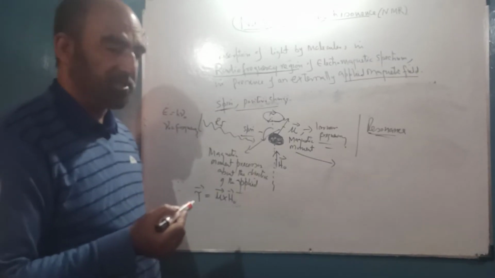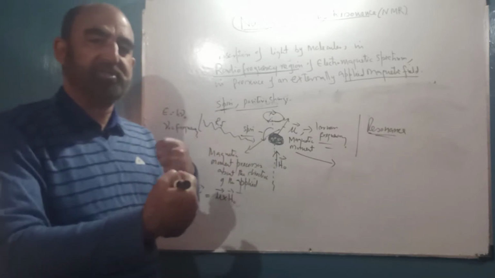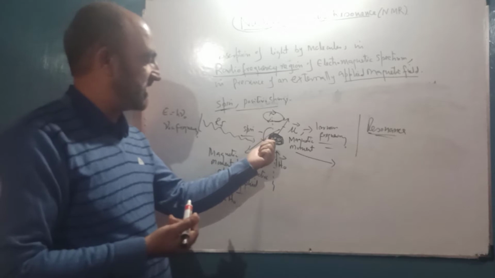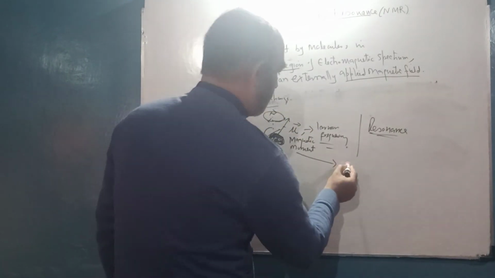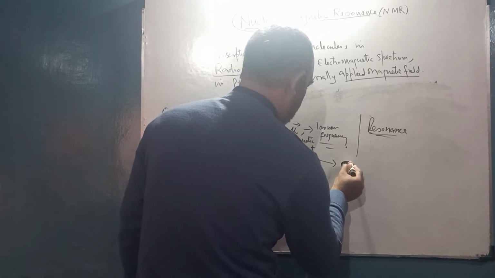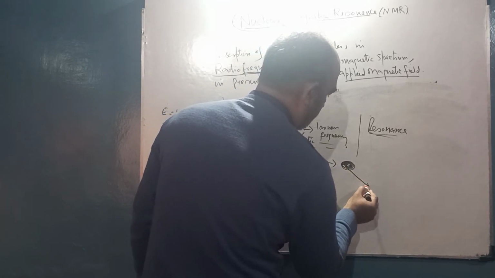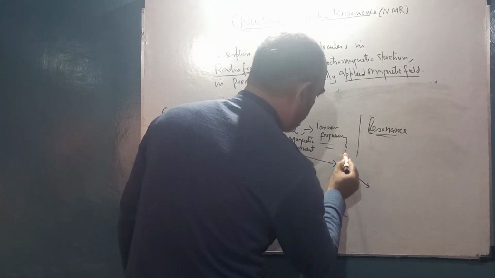That means its magnetic moment will now precess in the opposite direction. Or we can say the spin, if for example classically we say it has a clockwise spin, now the spin will be anti-clockwise. Now the nucleus will start precessing, its magnetic moment will be like this, and this is our applied field direction.